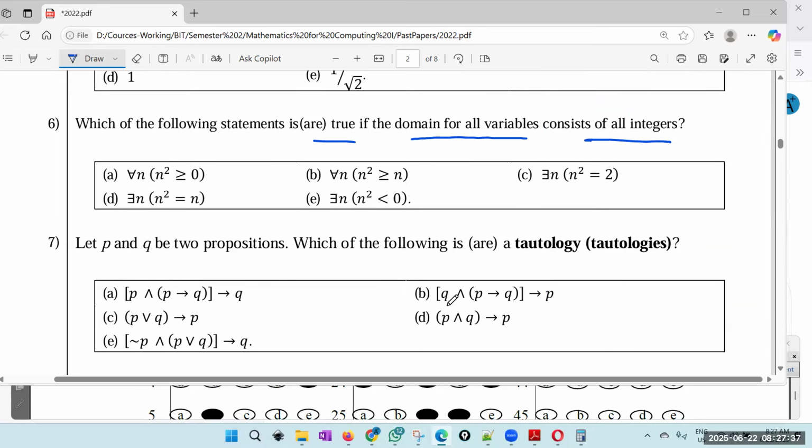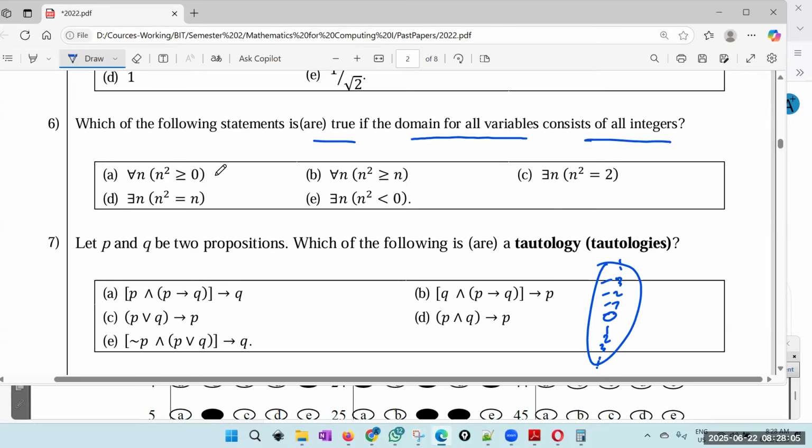So that means your domain is integers, that is minus 3, minus 2, minus 1, 0, 1, 2, 3, and so on. It's an infinite set, right? So this must be true for all integers. For all n, n squared is greater than or equal to 0.